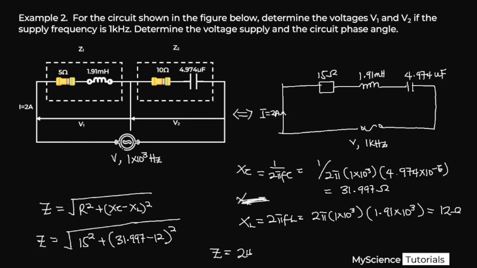So we have 24.9976, which you can approximate to 25 ohms. So the total opposition to the flow of current in this circuit is 25 ohms. Now that we have the 25 ohms as our impedance, we can go ahead and find the voltage supply.